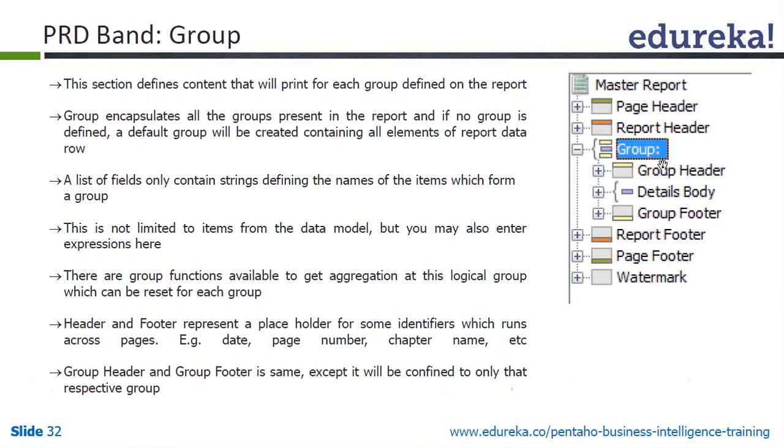But if you want to use it, you will have to assign an appropriate data field to that group so that it can arrange the data based on that field. So the list of fields only contains strings defining the names of the items which form a group.